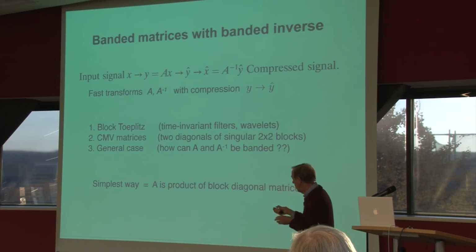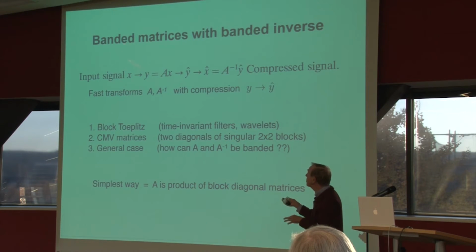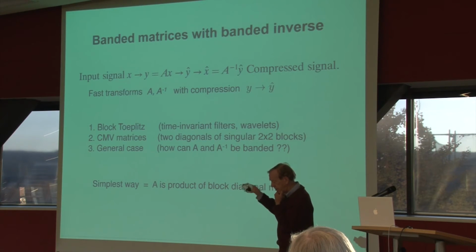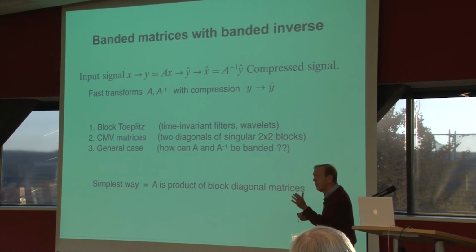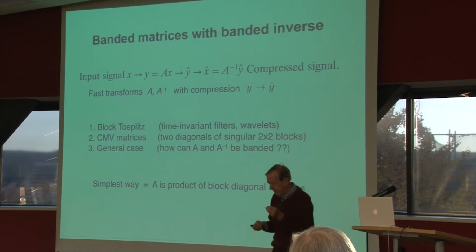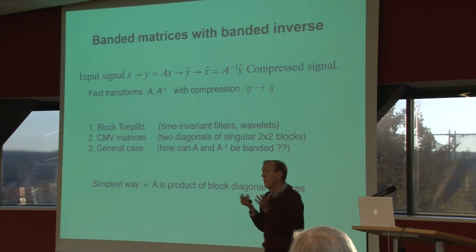We can think of banded matrices easily, but usually their inverse is full. If I took my favorite matrix, the one on the first slide, the 2s and -1s, that inverse is certainly a full matrix. It's the difference between derivative and integral.